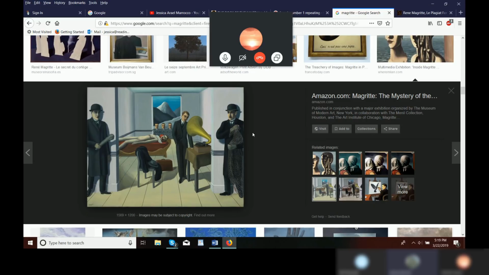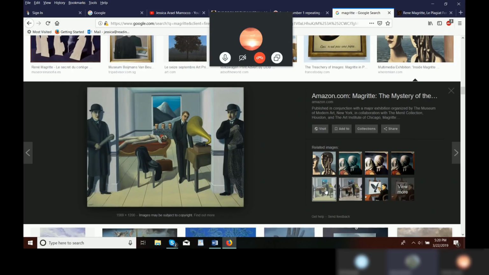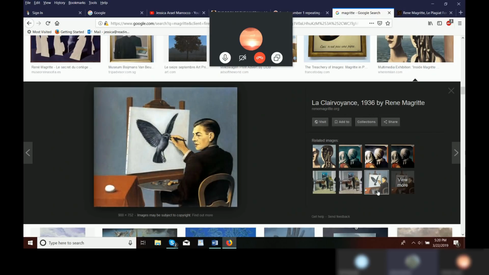Probably in that book, but I'm not sure if that's the name of this one. Cami Stone. He's looking at the egg and then creating the bird.